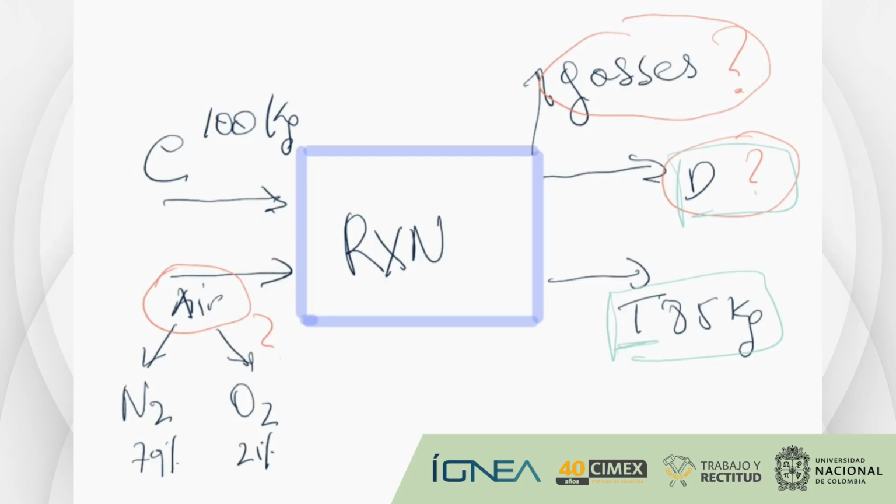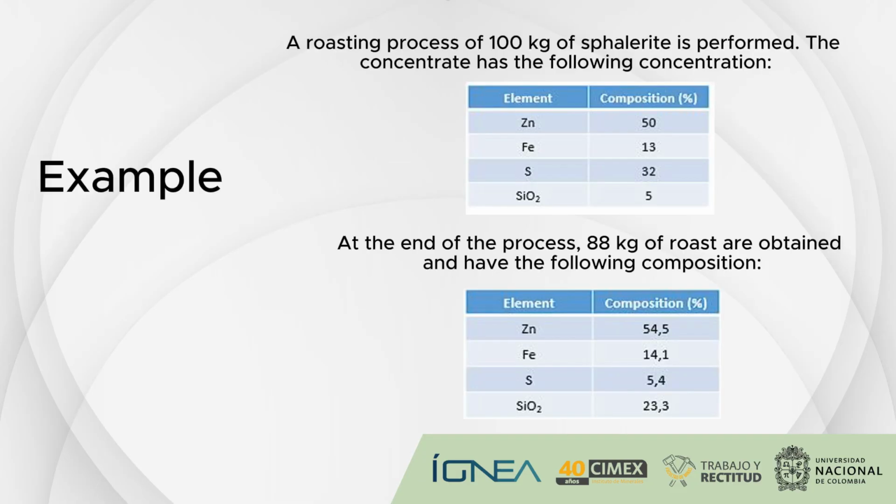The concentrate is 50% of zinc, 13% of iron, 32% of sulfur, and 5% of silicon.